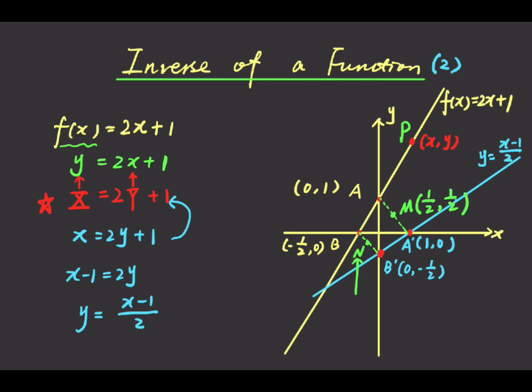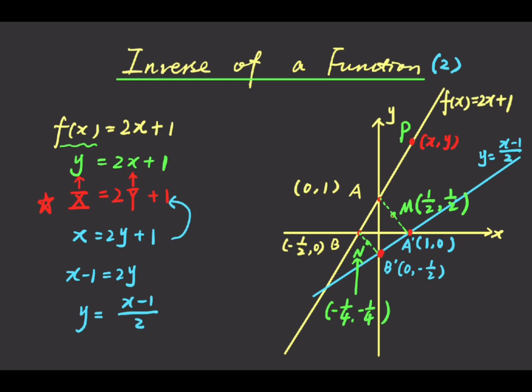This point, its coordinate should be negative 1 over 4, negative 1 over 4, right? You will find out the x coordinate equals the y coordinate. So this point M and this point N should be on the straight line y equals x.